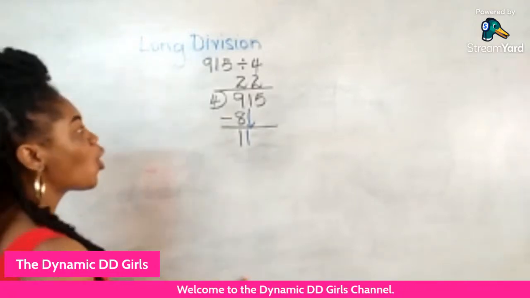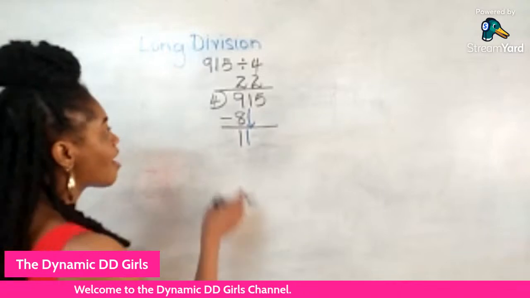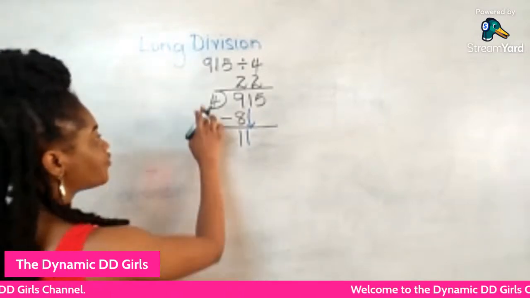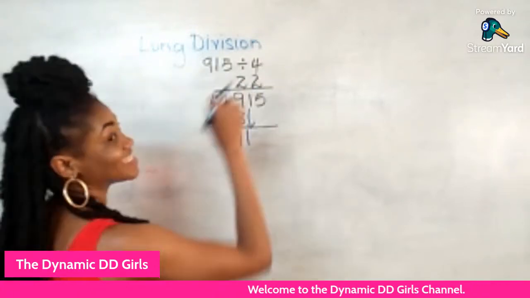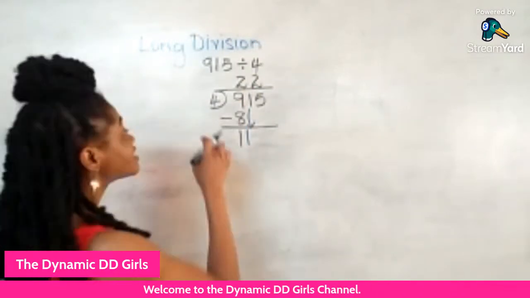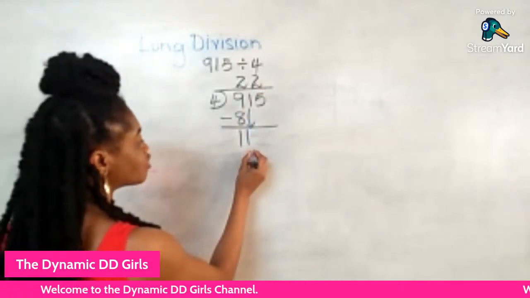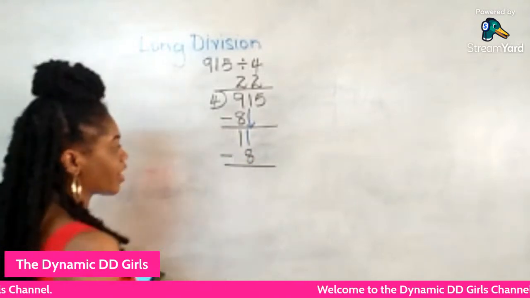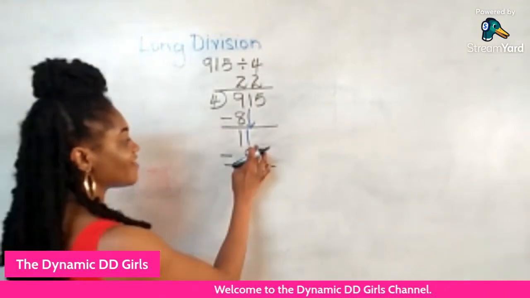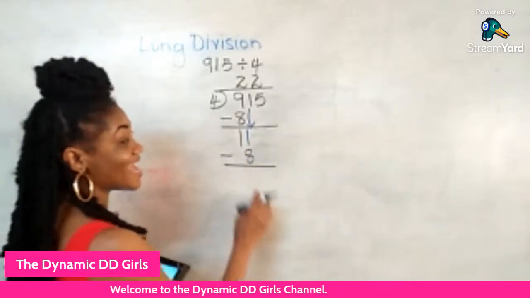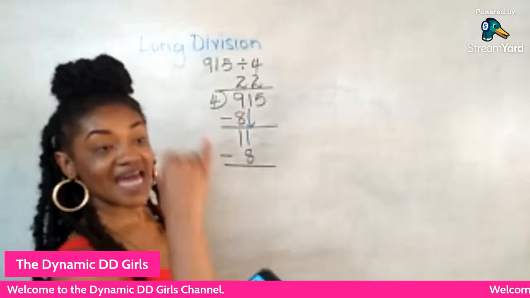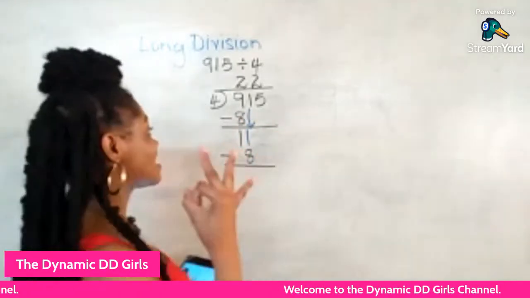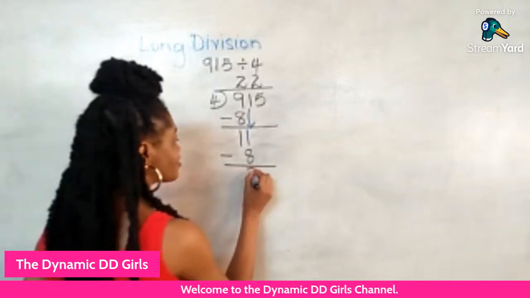Now we are going to multiply. 4 multiplied by this second 2 that you carry, of course, you get 8. And we're going to take away. You have 11 things and you're giving away 8. So 8, 9, 10, 11. You have 3 things left. So I'm going to put my 3 right here.